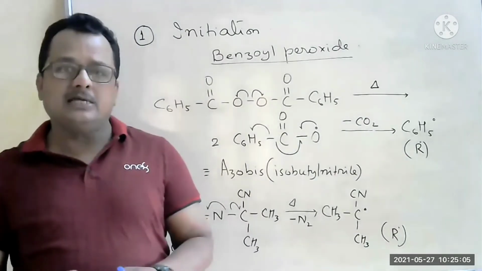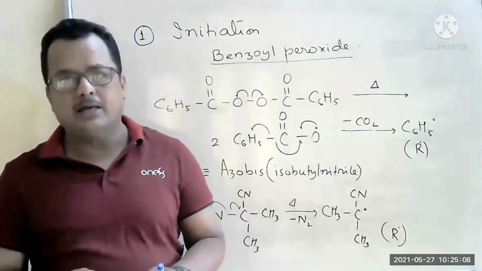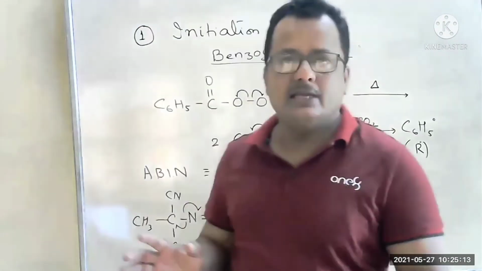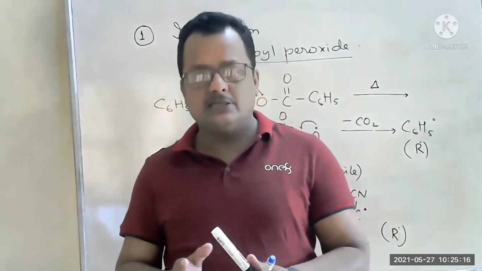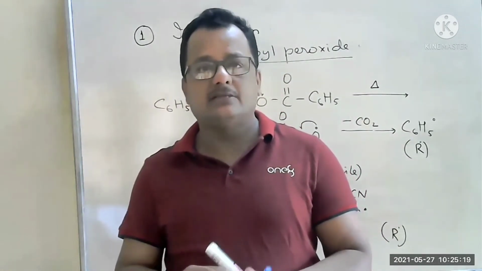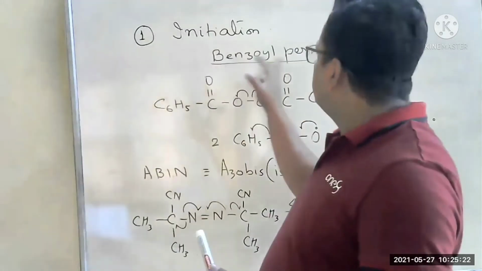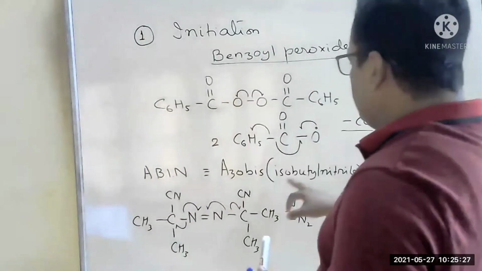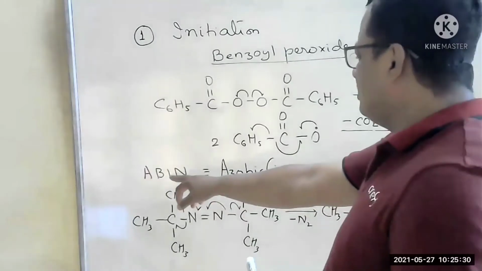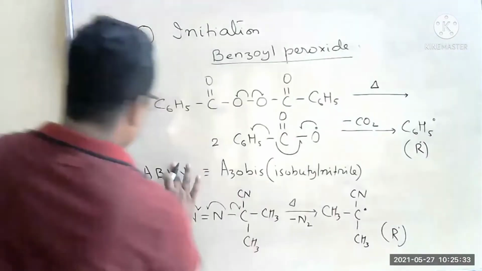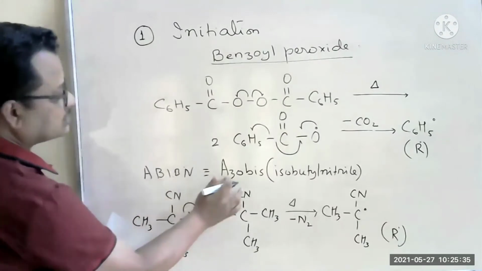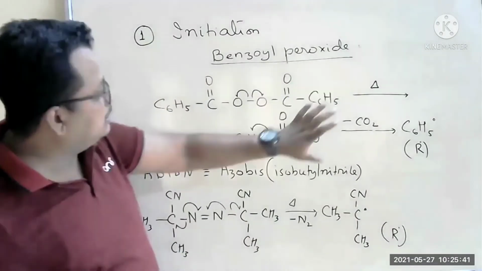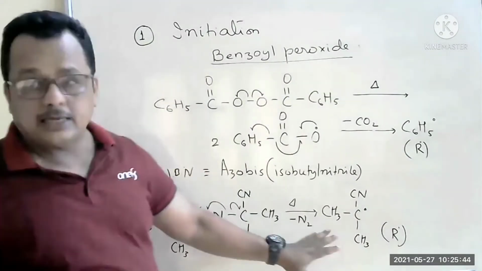So chain polymerization or addition polymerization may take place through free radical intermediate, and then it is called free radical addition polymerization. It takes place in presence of free radical generators, and these are the two free radical generators I am discussing: one is benzoyl peroxide, and the other one is AIBN, azobisisobutyronitrile. Under thermal mode, they will undergo homolysis and they will give free radicals.